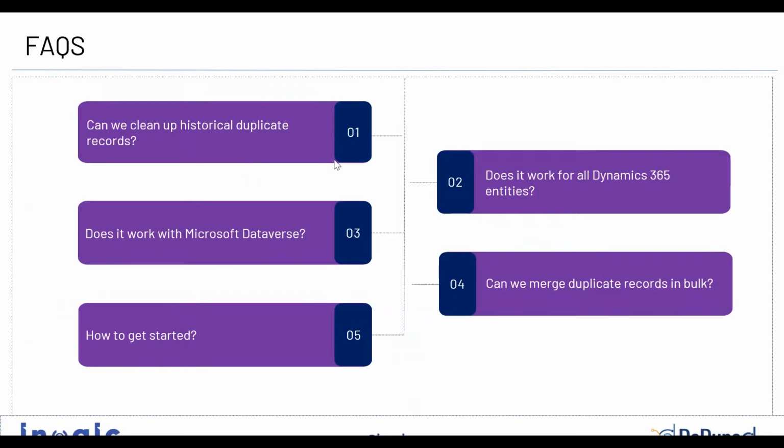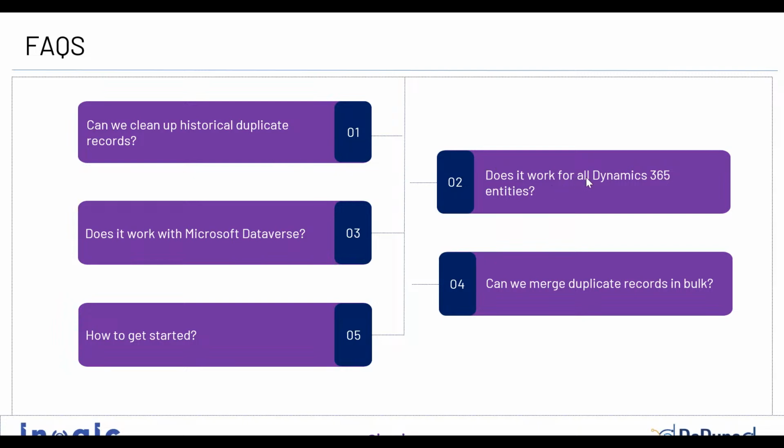Okay, so sorry, yes. So FAQ, first question is, can we clear up the historical duplicate records? Yes, we can definitely do that. And not only clearing up in terms of just identifying, but also merging them over here. So there's again a question, can we merge duplicate records in bulk? Both of these things can be done through our app, Windows app that I have provided you.